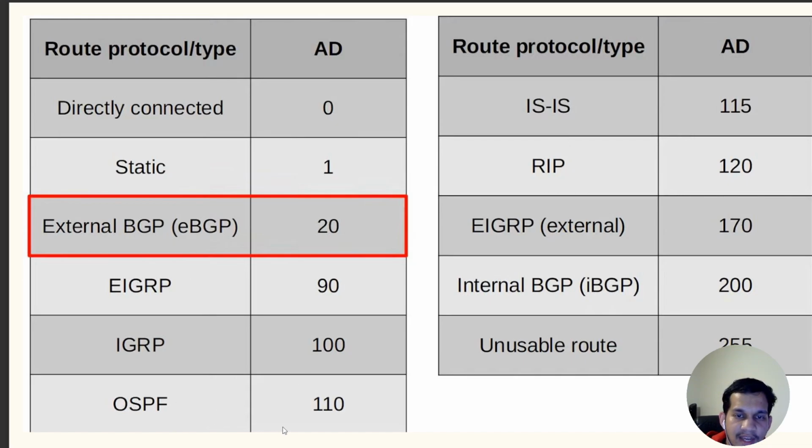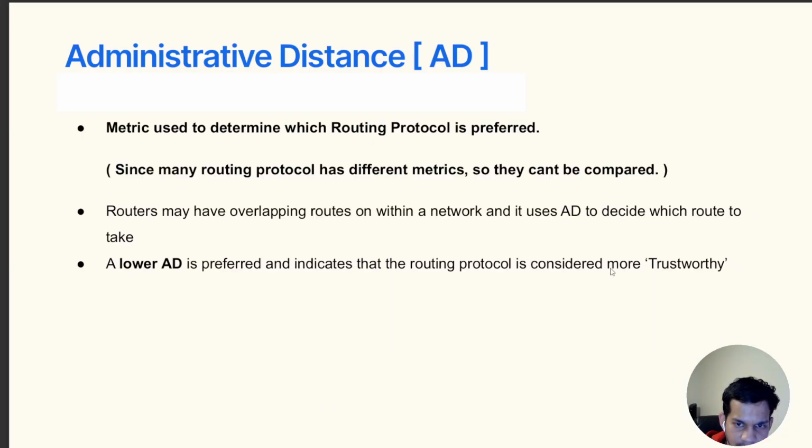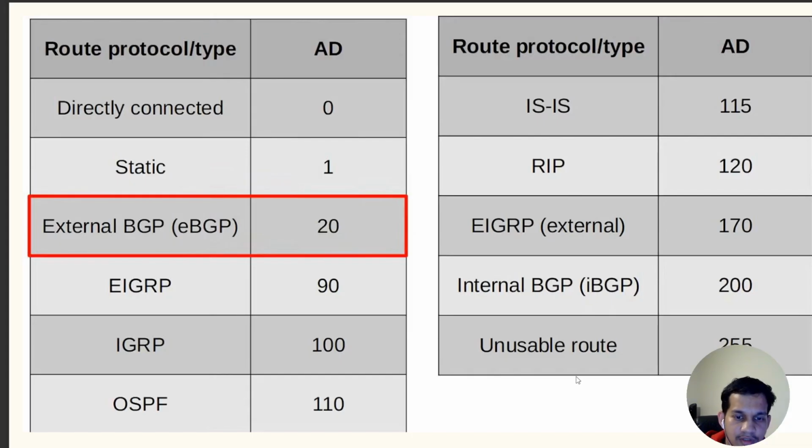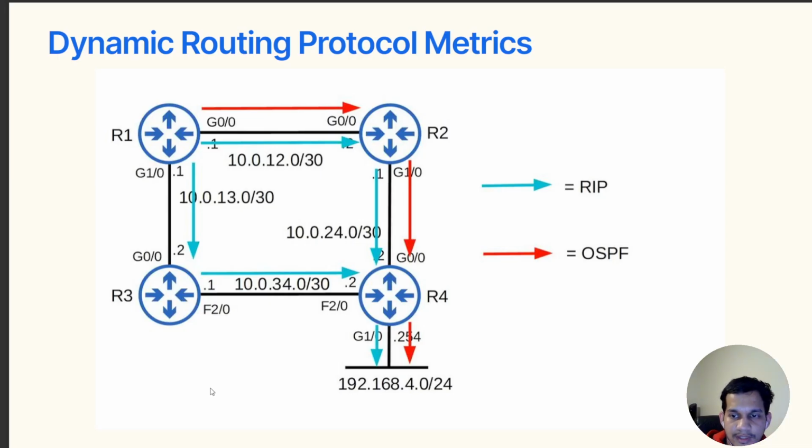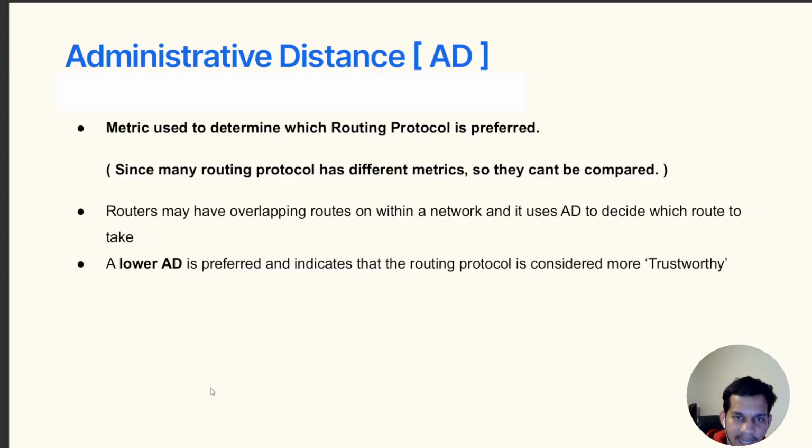OSPF has an administrative distance of 110, whereas RIP has an administrative distance of 120. Of course the lower AD will be chosen, as it is more trustworthy, so OSPF will be chosen in this example. So don't rely on the metrics, you should rely on the AD.